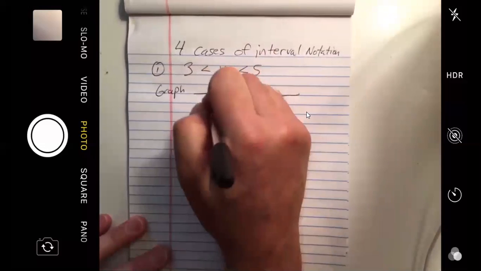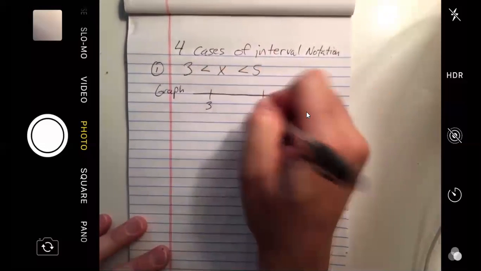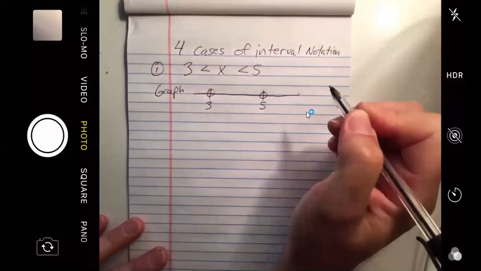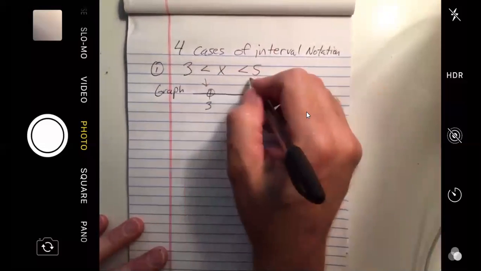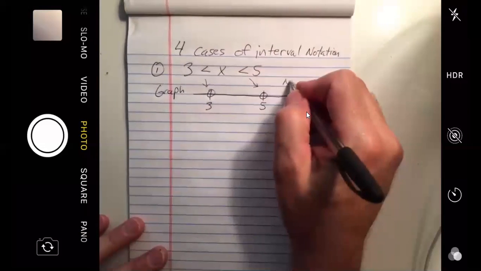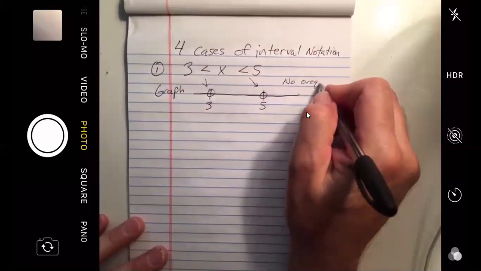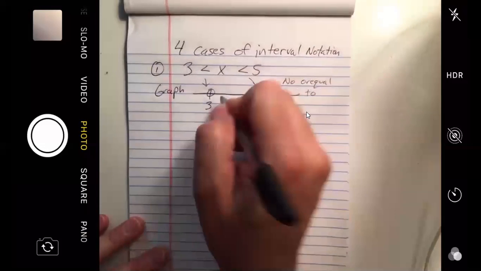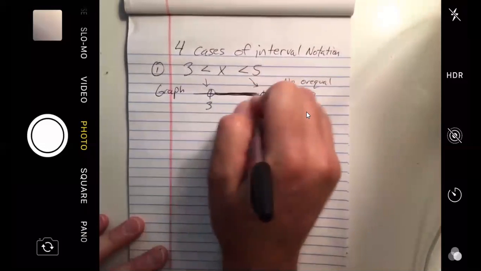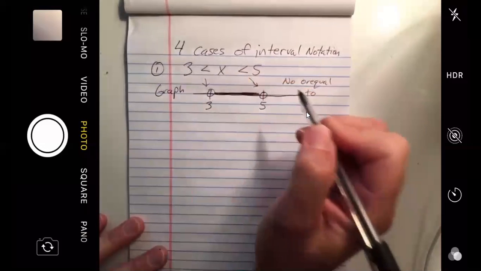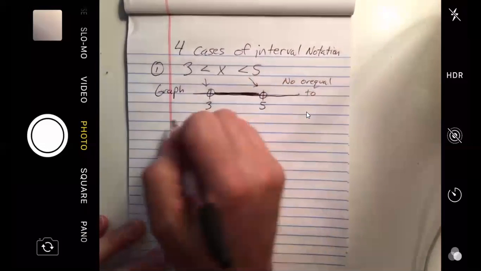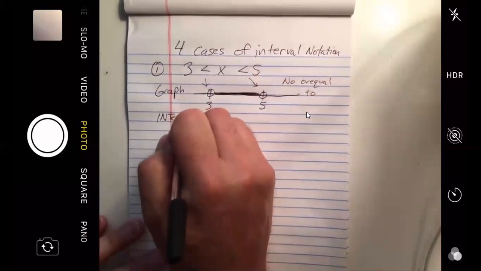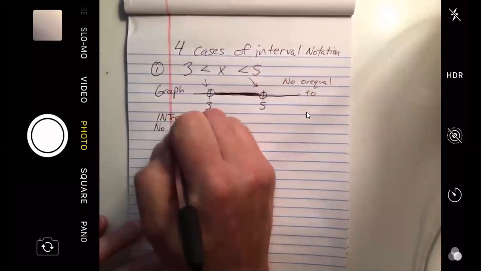You'd stick on the 3, stick on the 5, and put open circles. There's no or equal to. You shade between them. For the interval notation, I'm going to abbreviate this IN.